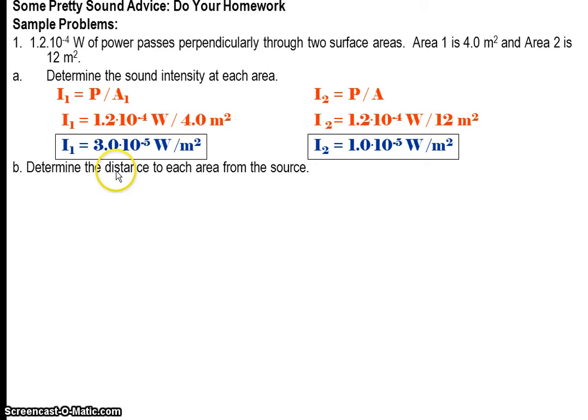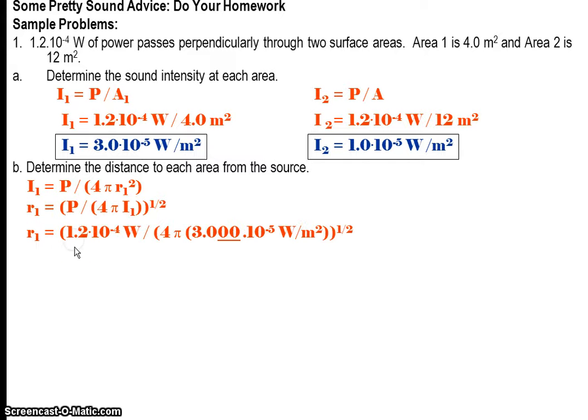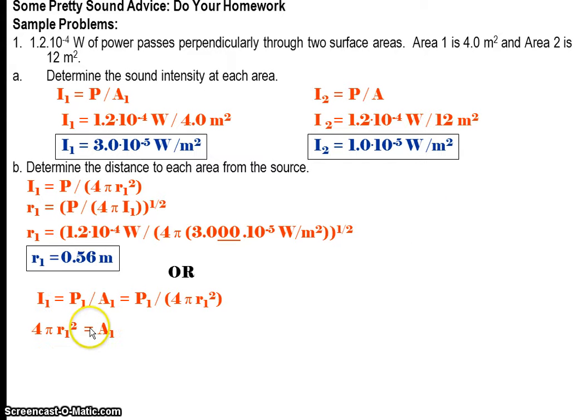Now I want you to determine the distance from the source. Here it's a sphere, so this area is the area of a sphere, and we're going to solve for R1. We can do the same thing over here: the area is equal to 4 pi r squared, plug it in, solve for the radius, or the distance from the source, and get the same value, 0.56 meters.